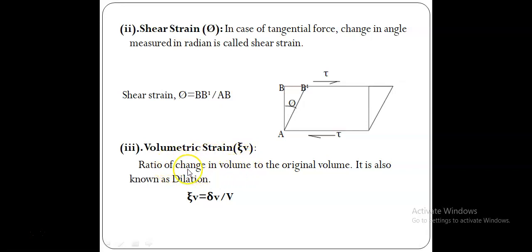That depends on different types of material. We have to find the change in volume in each direction, and by the sum of the strain in each direction, we get the total change in volume, that is epsilon V.